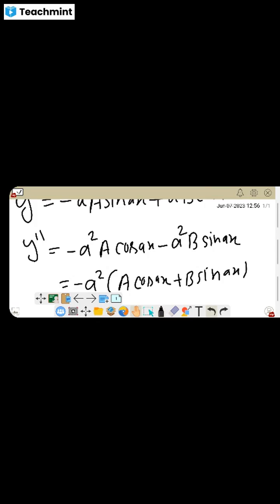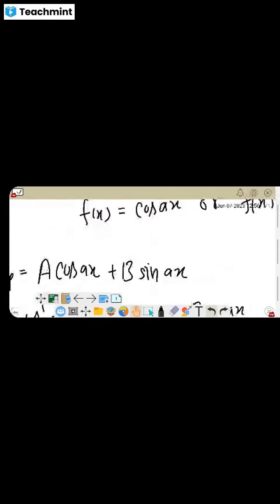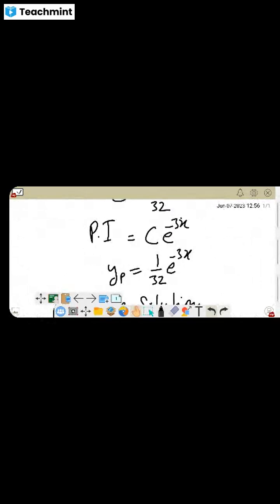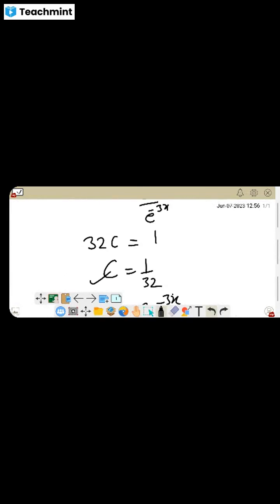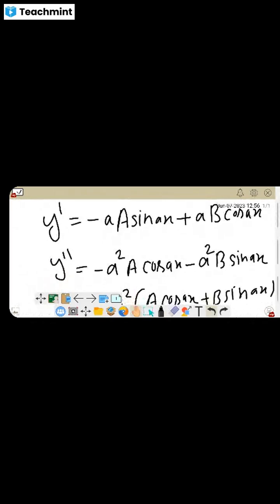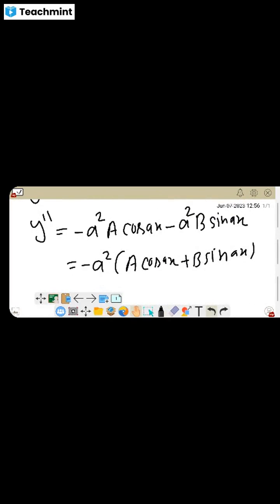Then we will get, as we have found in this equation, here we are using C. Then we will find the values of A and B on comparing. And then we will find the PI.